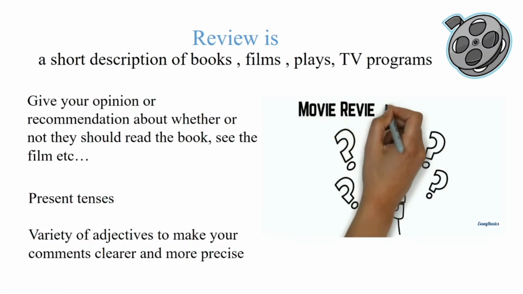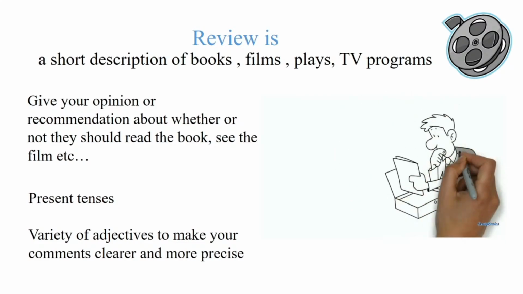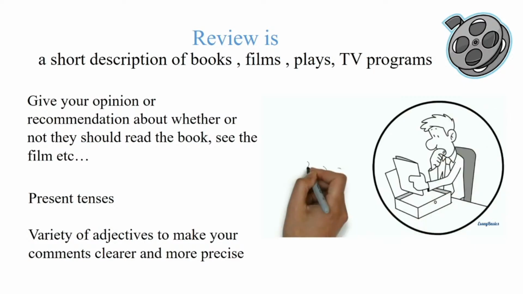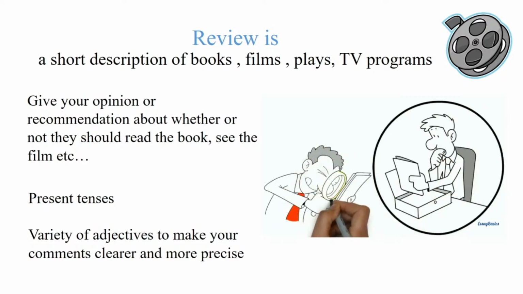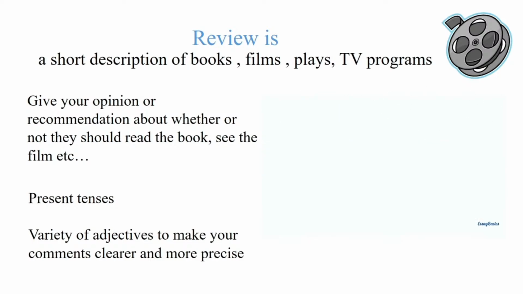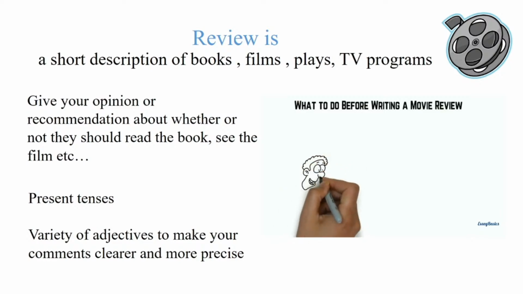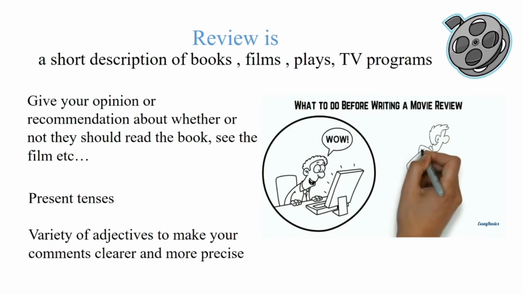What is a movie review assignment? Movie review assignments are academic papers that cover students' understanding of a movie. It can be an overall review or focus on specific areas such as plot or characterization. What to do before writing a movie review. 1. Watch the movie several times to become familiar with it and the characters. 2.